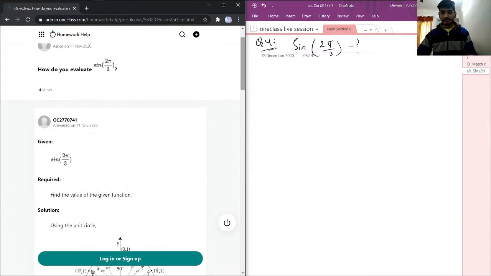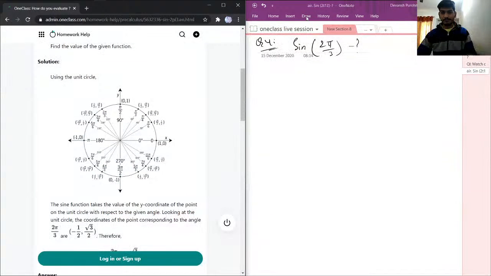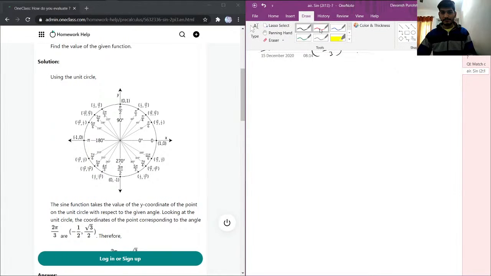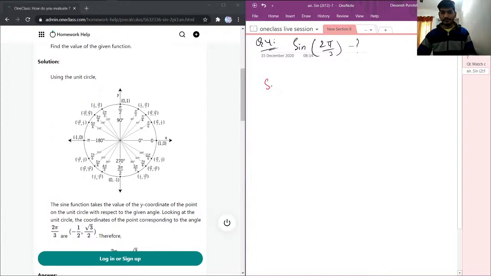So again we are going to take the help of the unit circle, and I'll just take the red pen. For the unit circle, when we need to find the sine of any angle theta, it will be just the y coordinate of that point. Now my 2 pi by 3 will be this one, 120 degrees.